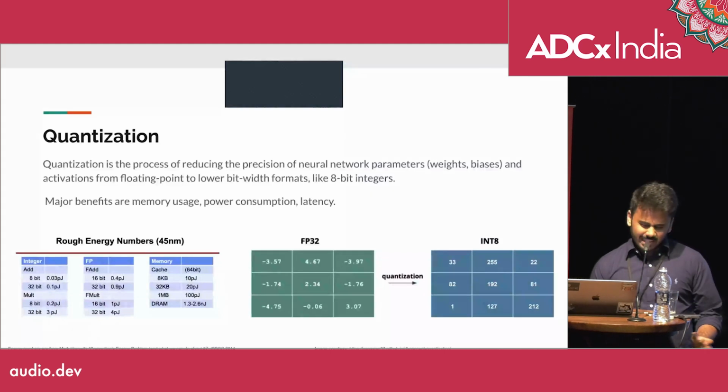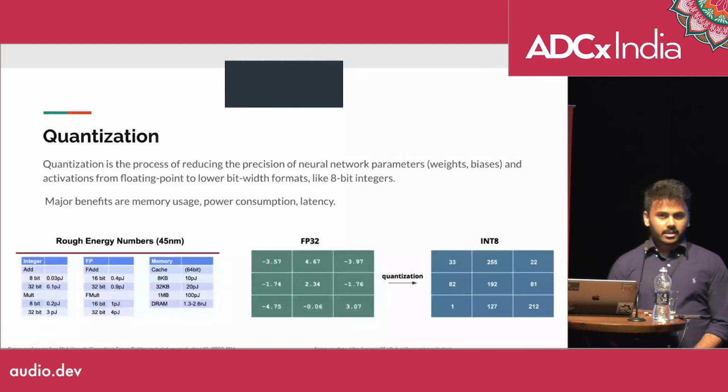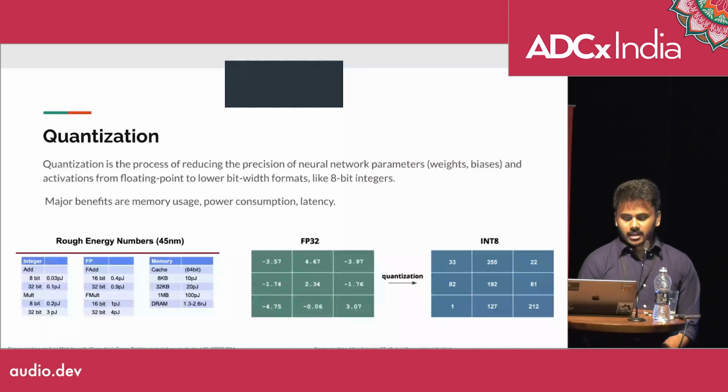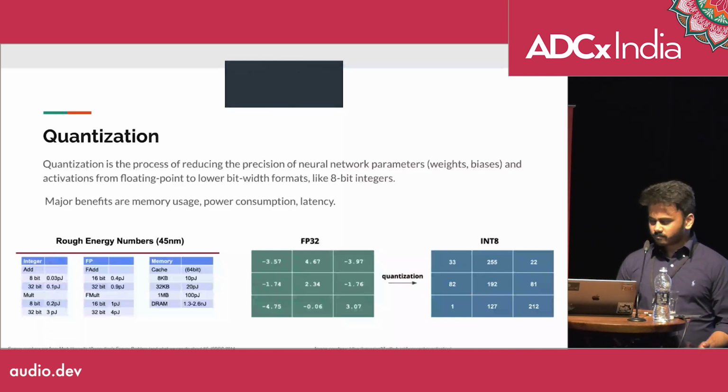And then we're going to quickly have a look at quantization. Quantization is another technique that's been extensively used in large language models, where the idea is to reduce the precision of the parameters. It can be for the weights or biases.